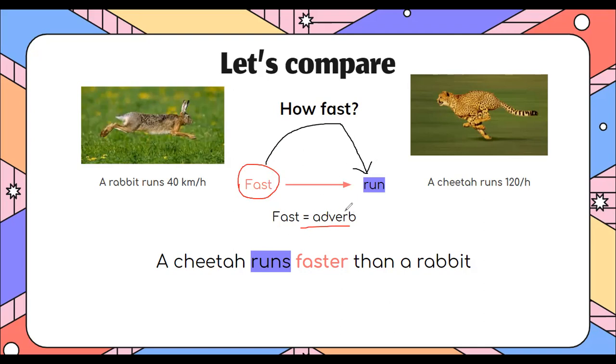In our case, fast is going to be the adverb. And obviously, the cheetah runs faster. Faster is the adverb and is defining how fast the cheetah runs compared to the rabbit.